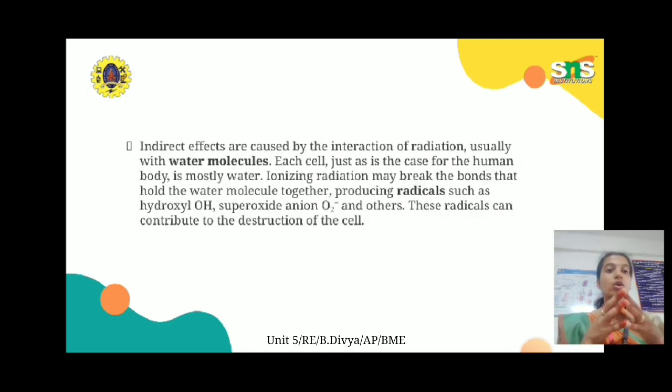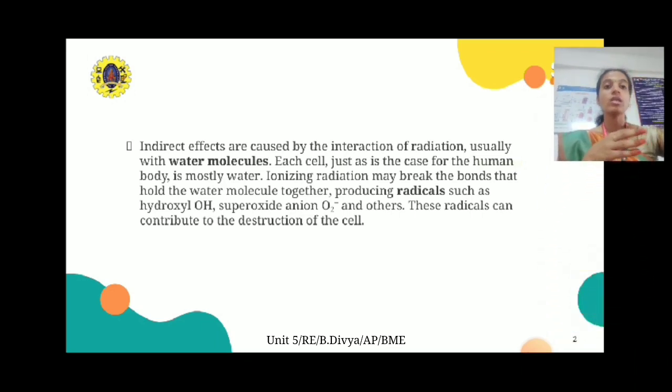Indirect effects are caused by the interaction of radiation, usually with water molecules. These indirect effects are mainly based on interaction with water molecules. Each cell, just as is the case for the human body, is mostly water, right?